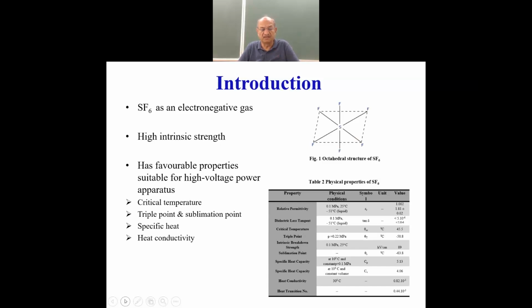So you can say almost 90 kV per centimeter, whereas it is 31 kV per centimeter in case of atmospheric air. So the SF6 gas intrinsic strength is 3 times that of atmospheric air. Obviously, the strength is measured at atmospheric pressure and temperature 20 degrees centigrade. For SF6 gas, it works out to be 89 kV per centimeter.